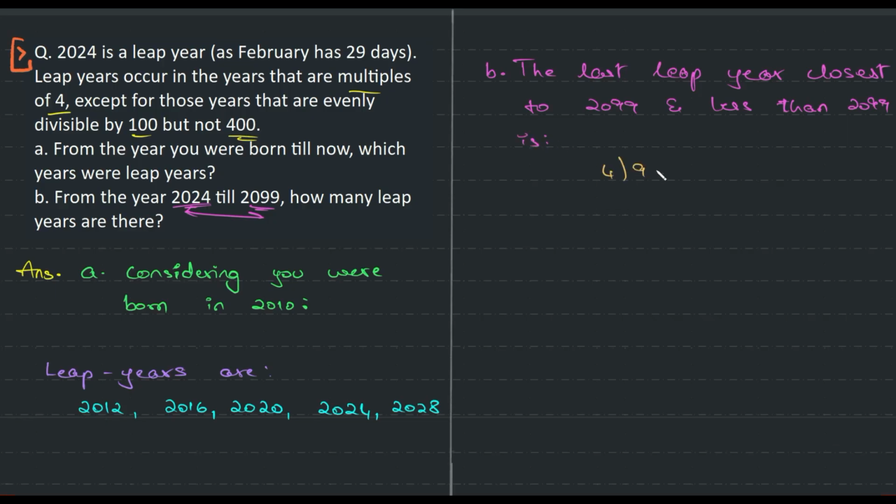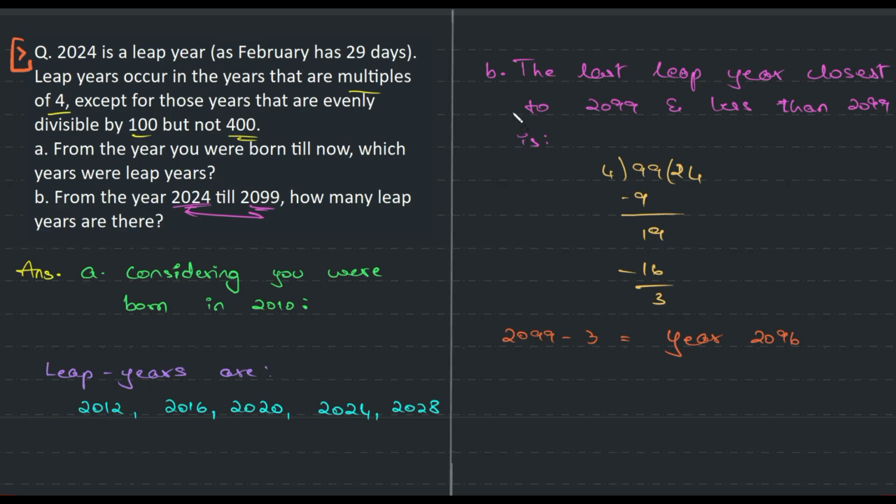We'll divide 99 by 4. So 2 is the quotient, 1 is the remainder, and we have 19, and then 4 times 4 is 16, so 3 is the remainder. So basically 2099 minus 3, that is year 2096, is the last leap year.